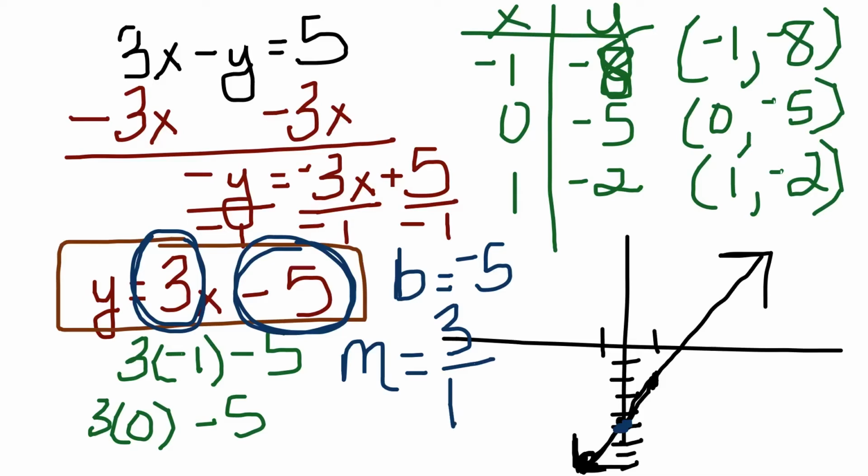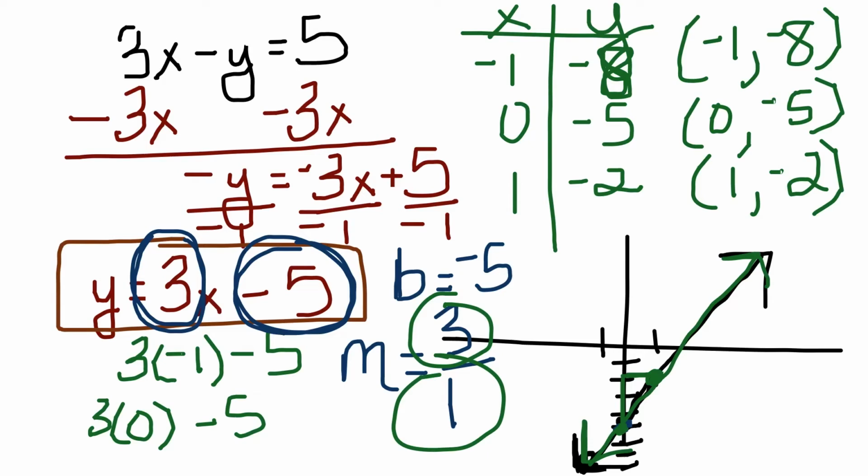If I were to start at negative 5, I could rise 1, 2, 3, run 1. So you see a rise of 3, a run of 1, and that's where my next point would be, and then I would connect my line. I want you to recognize that when I solved for y and got it in slope-intercept form, there's two ways I could go about this.